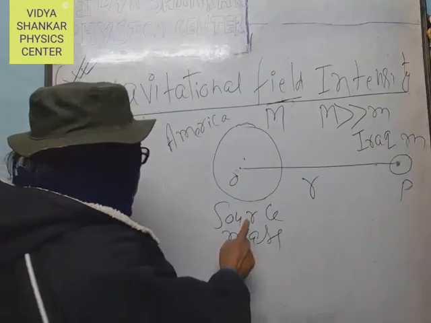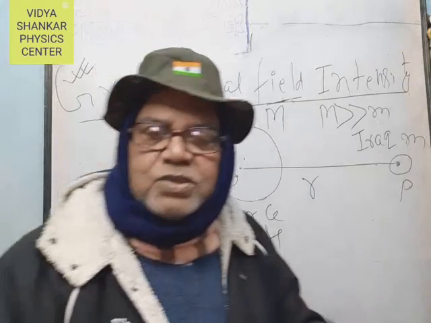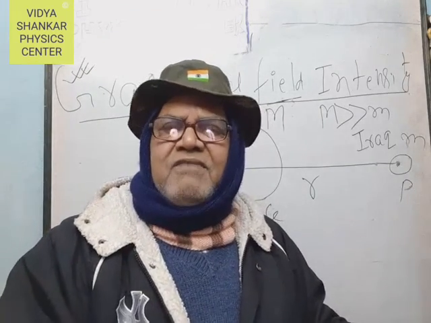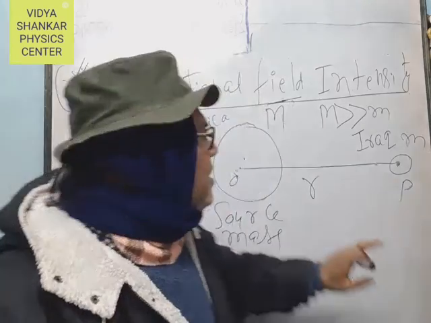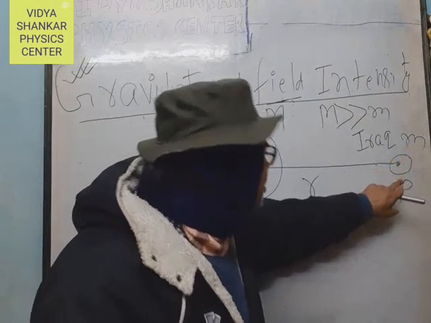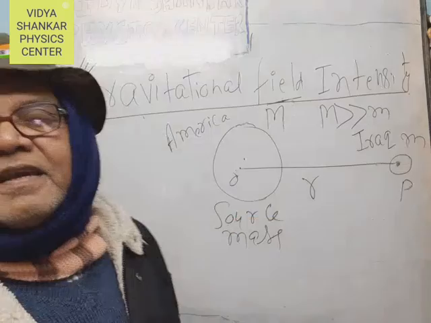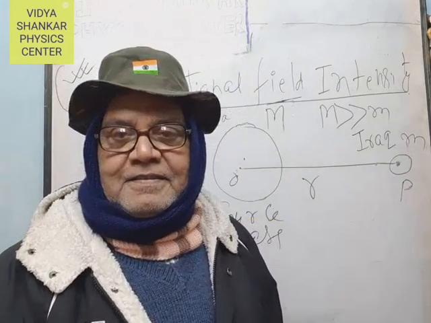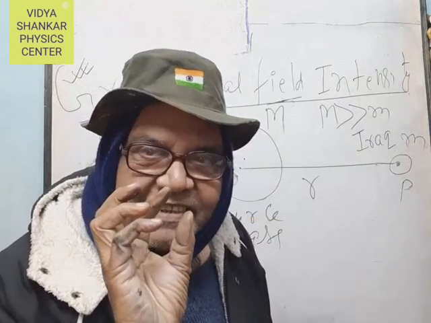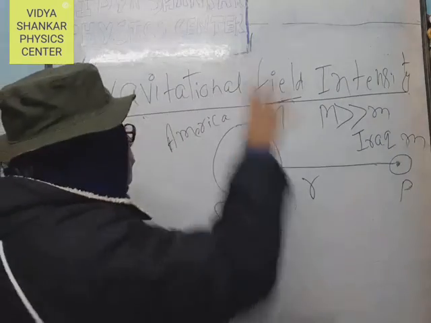Now the source mass is the mass due to which the gravitational field is produced, in which a small body of small m is situated at distance r. A small body is nothing but Iraq. Iraq is a small country and America is a big country.